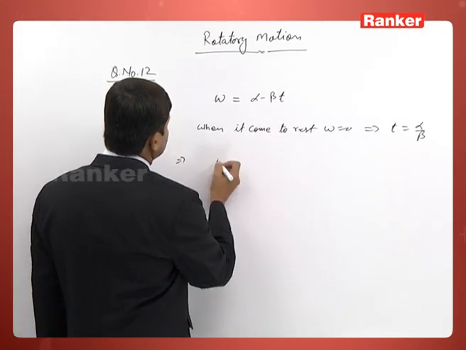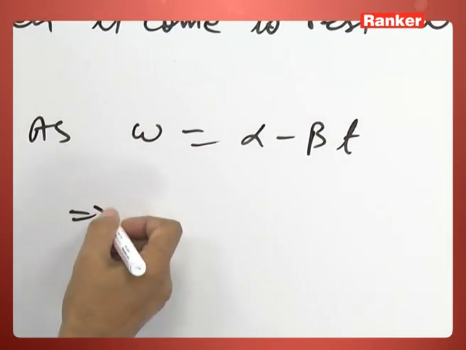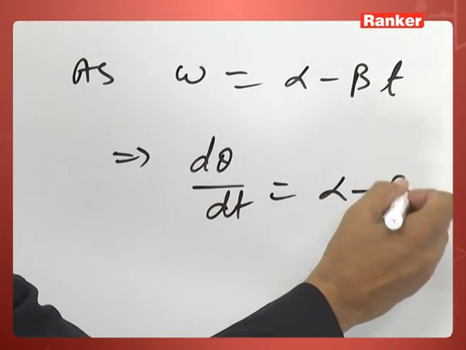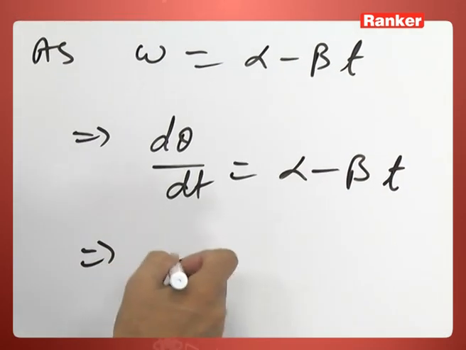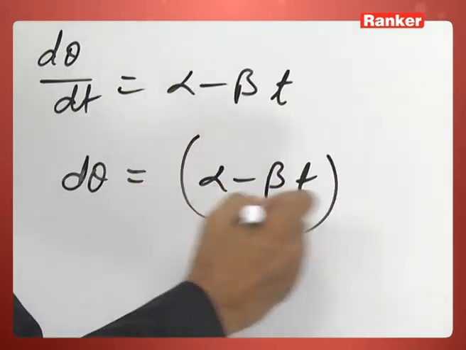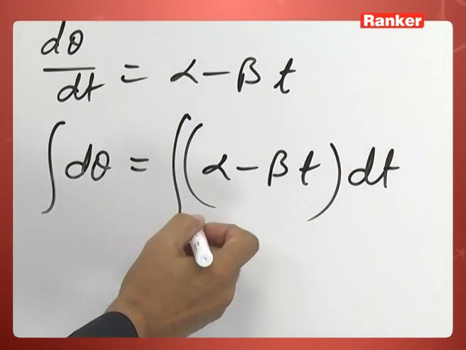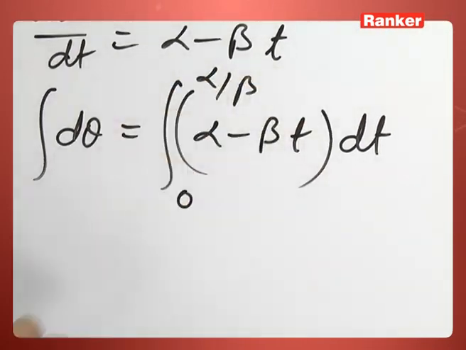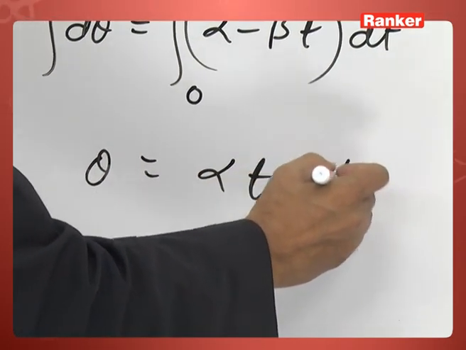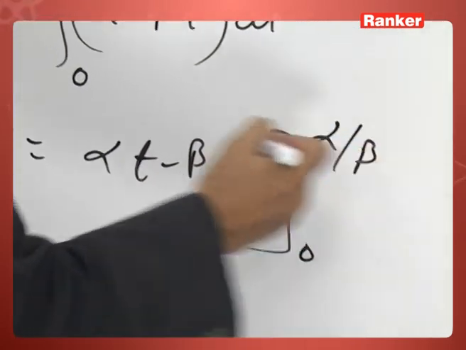See, as omega is alpha minus beta t, omega can be written as d theta by dt, alpha minus beta t. So d theta is alpha minus beta t into dt, and then integrate. Time is from 0 to alpha by beta. So theta is equal to alpha t minus beta t square by 2, from 0 to alpha by beta.